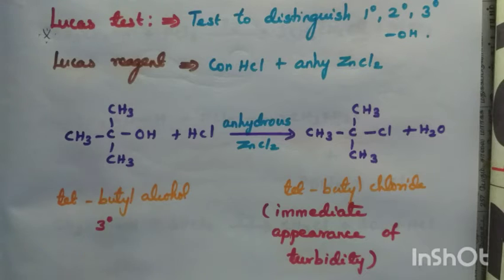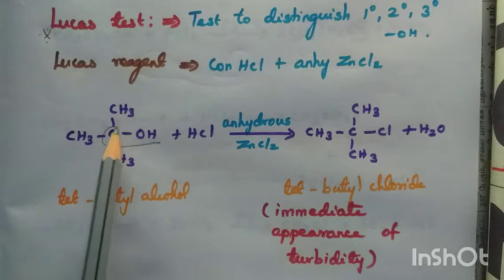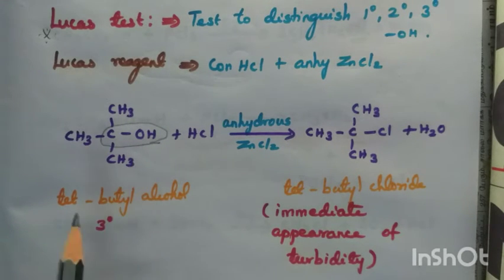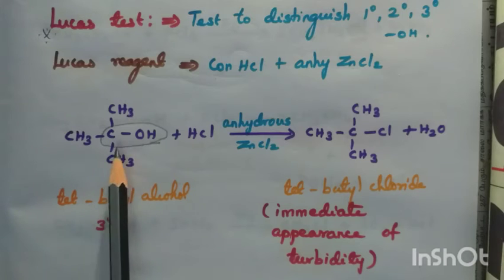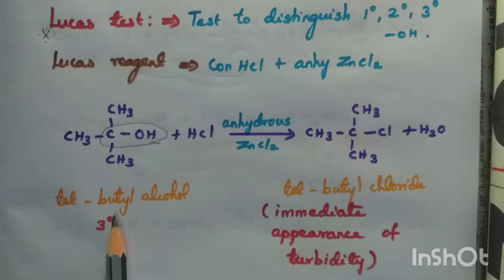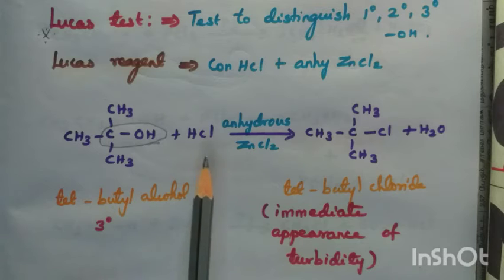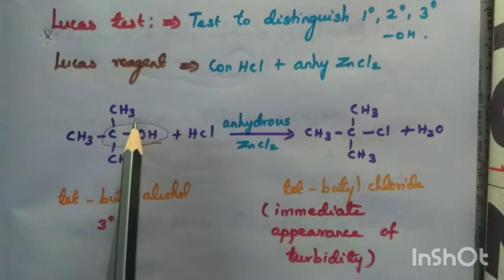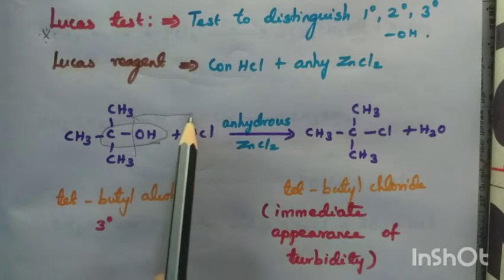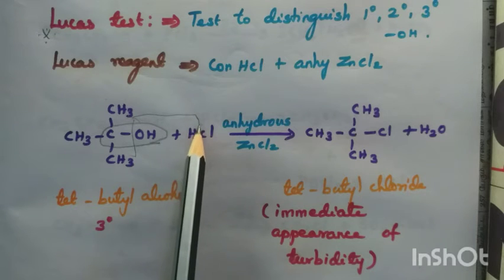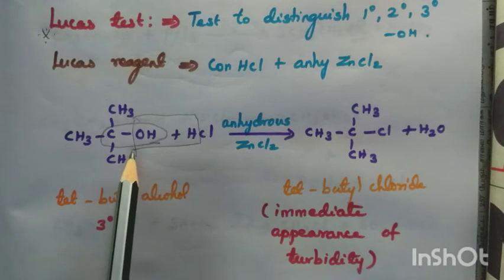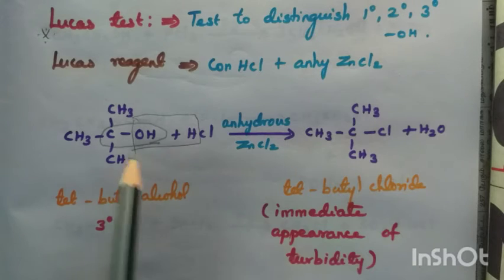Now it is a tertiary alcohol. Why is it a tertiary alcohol? The C-OH group is there, no? So it is tertiary. Butyl, how many carbon atoms are there? 4 carbons are there. So it is tertiary butyl alcohol. How does this reaction take place? H2O goes out. This is called dehydration.